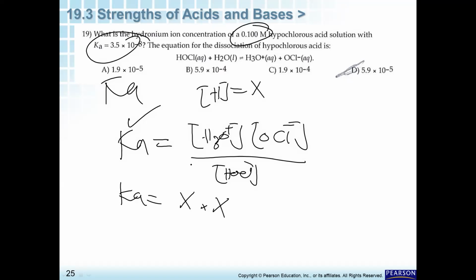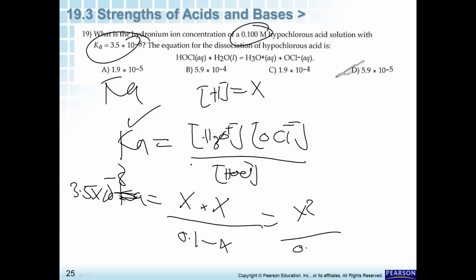So this is an X and that is an X, divided by the equilibrium concentration, which is usually the initial minus X. The Ka value is equal to 3.5 times 10 to the minus 8. All you need to do is to solve for X. Right? This equals X squared divided by 0.1 minus X.